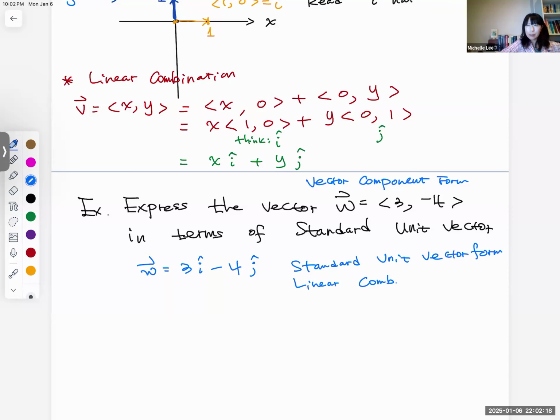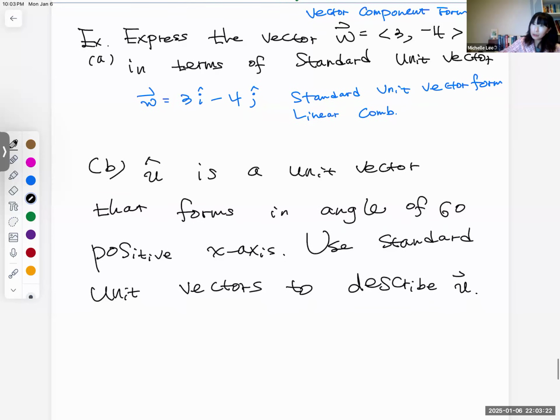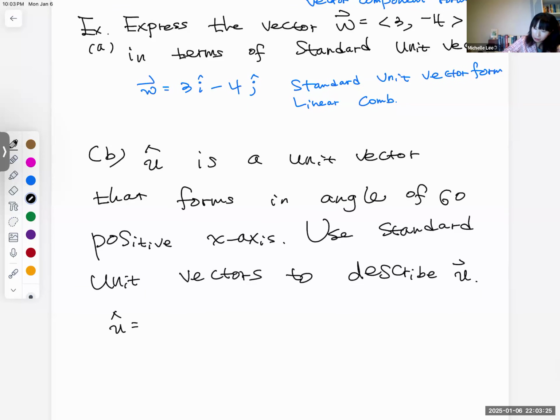Let me just denote it this way. Okay, second part. A unit vector is a unit vector, yes. That forms an angle of 60 degrees with the positive x-axis. Use standard unit vectors to describe the vector u. So let's make this a part. Let's make a unit vector equal to (x, y), right?